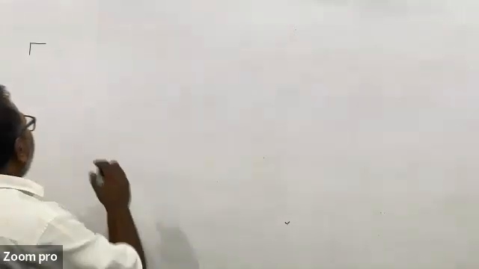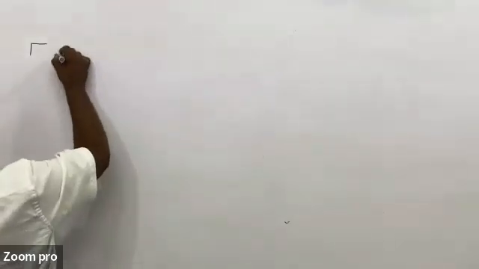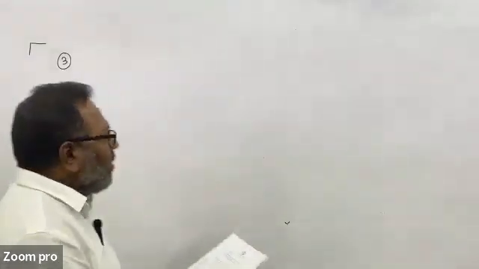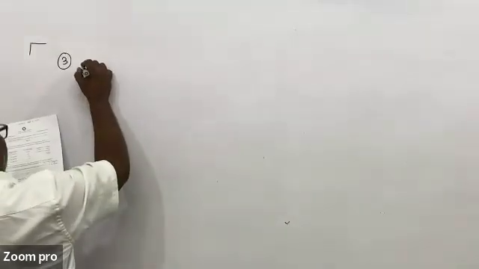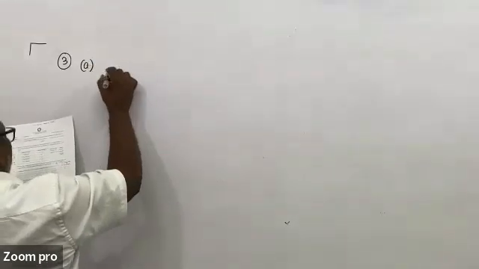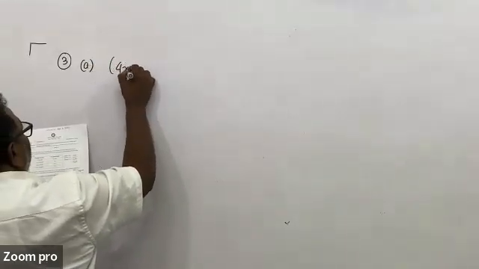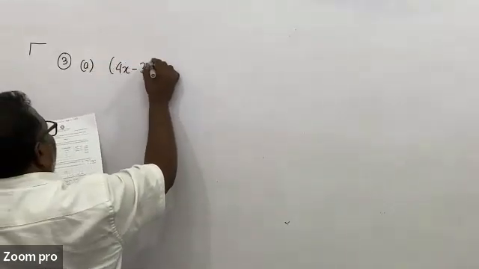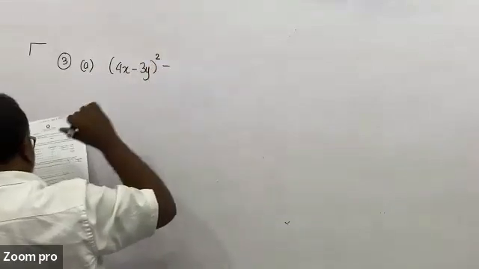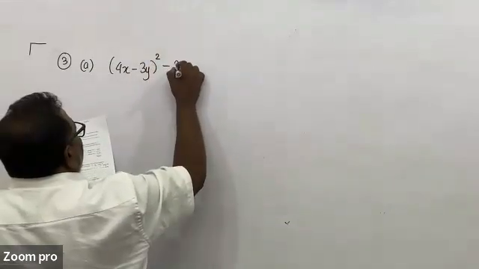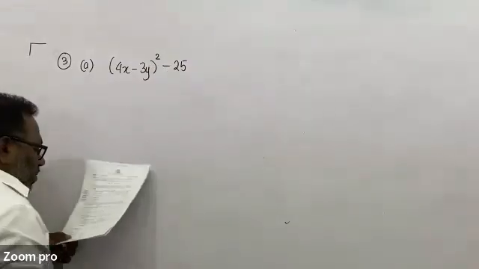Right, question number 3. They are saying factorize. Question number 3A, you have (4x minus 3y) whole thing squared minus 25.